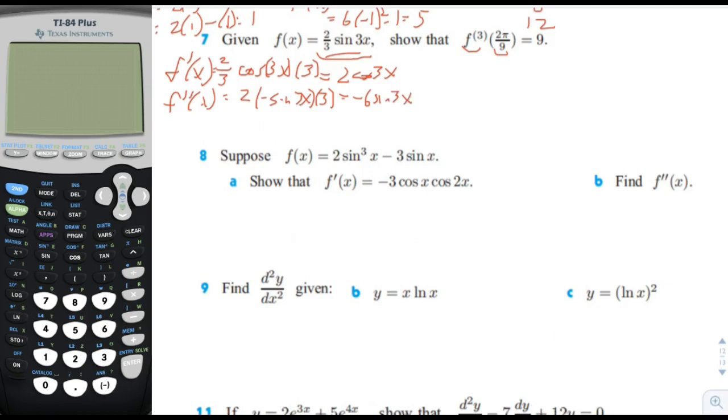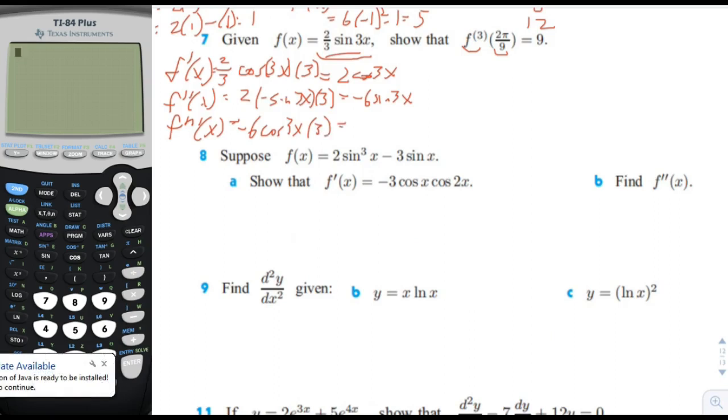Okay, and then the third derivative is going to be negative 6 cosine 3x multiplied times the chain rule. So it would be 3 there. So it would be negative 18 cosine 3x.